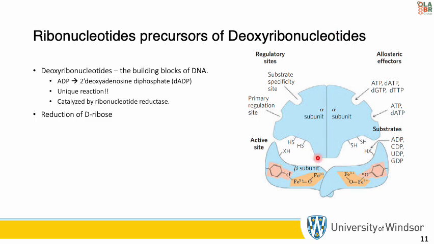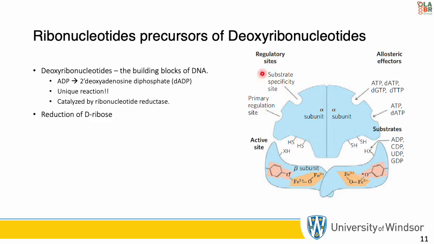So the regulation of this ribonucleotide reductase is unusual in that not only its activity, but its substrate specificity is regulated by binding of effector molecules. So each alpha subunit has two types of regulatory sites.